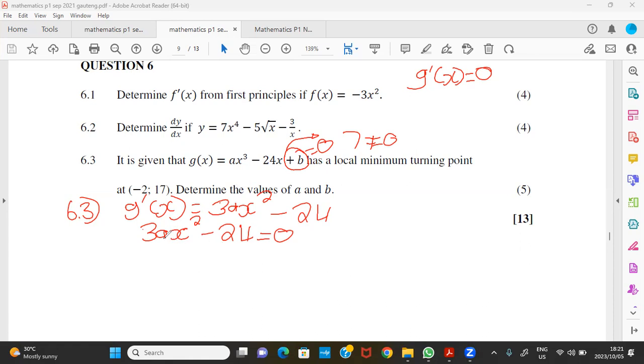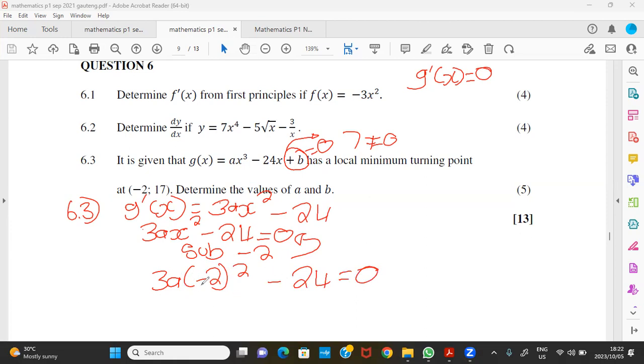We have two unknowns, a and x, but luckily they told us the coordinates of this turning point, and the x coordinate is -2. So we are just going to substitute -2 in our equation: 3a(-2) squared minus 24 equals 0.